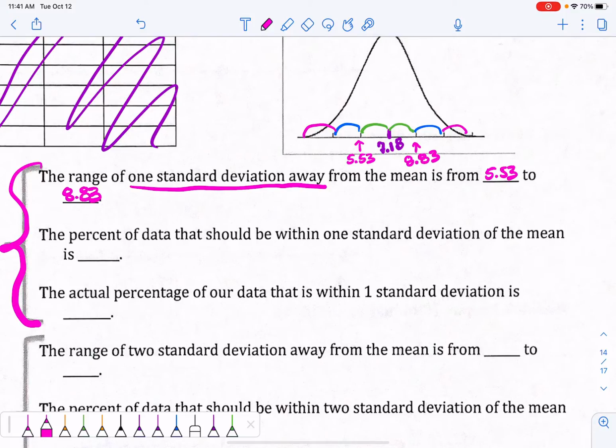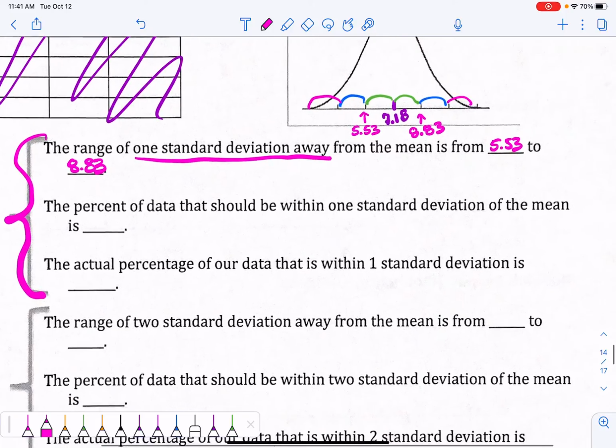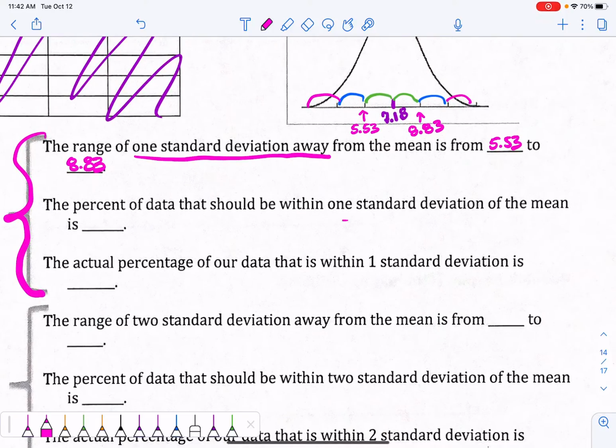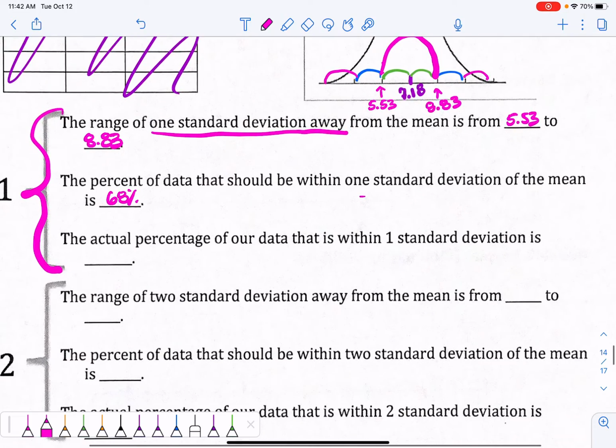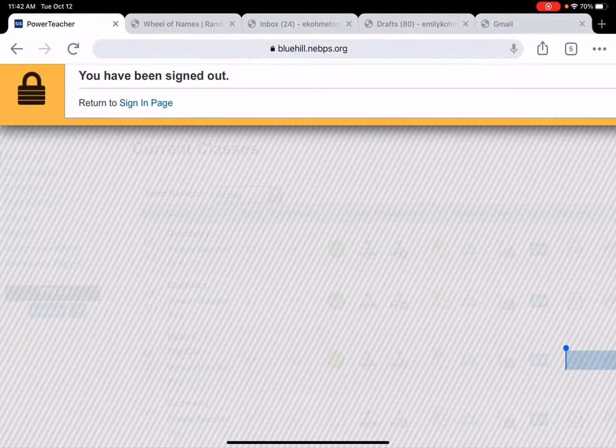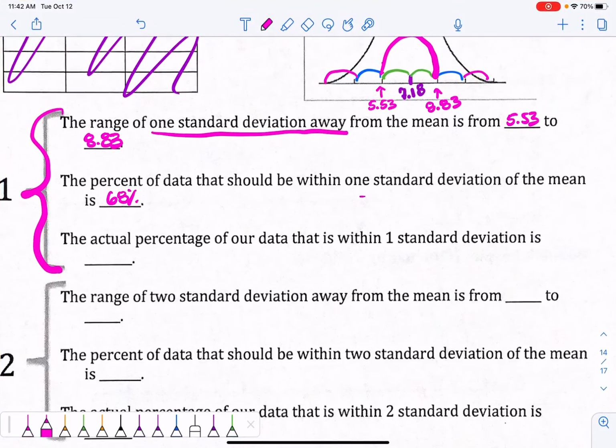Now, using that laminated sheet that you have, the percent of data that should be within 1 standard deviation of the mean is about 68%. That tells you the range from here to here. But then we want to look at the actual percentage of our data that's within 1 standard deviation.